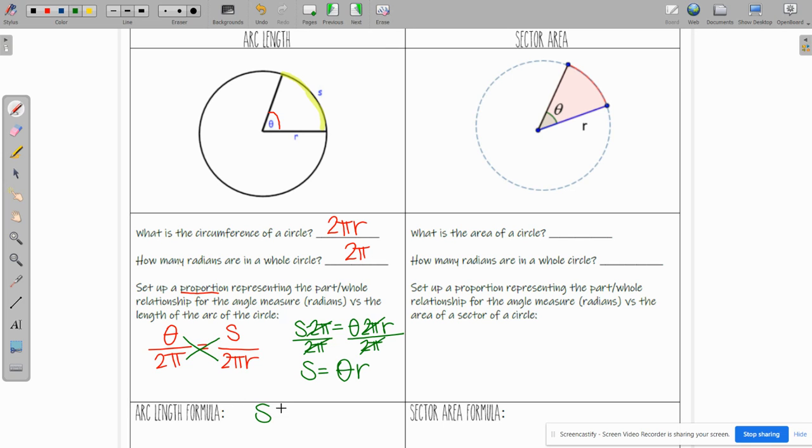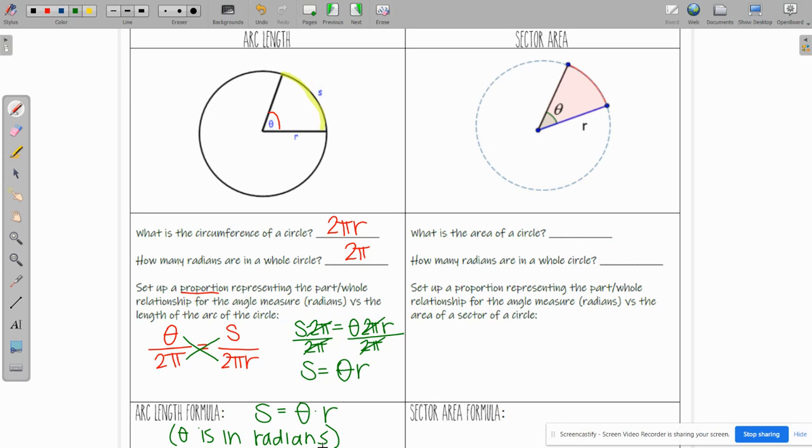So the arc length is equivalent to theta times the radius. One thing that's important to keep in mind is that theta is in radians. If we were talking about a degree measurement, then our formula would have to be adjusted.